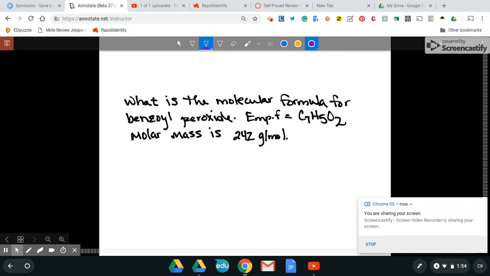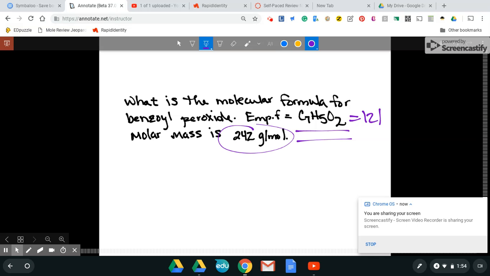All right. So one of the easiest problems to do is, let's say that they've given you the empirical formula and they just want you to know the molecular formula. So this is a one-step problem. Find the mass of that. So 12 times 7 plus 5 plus 32. This gives me 121.